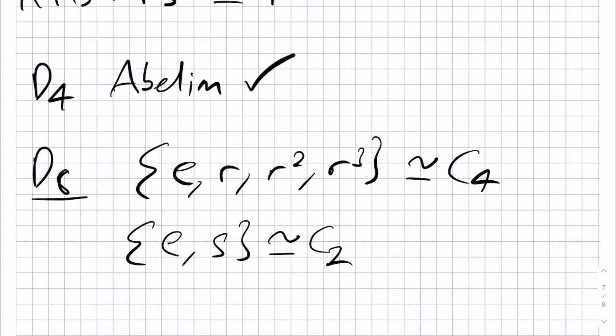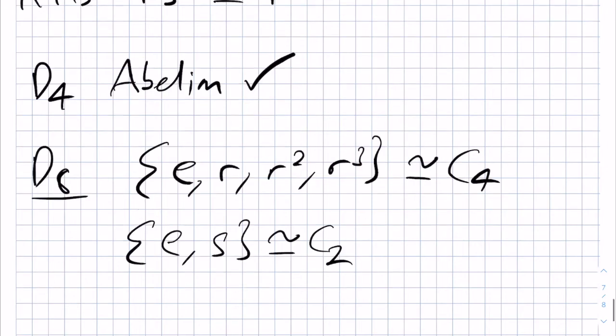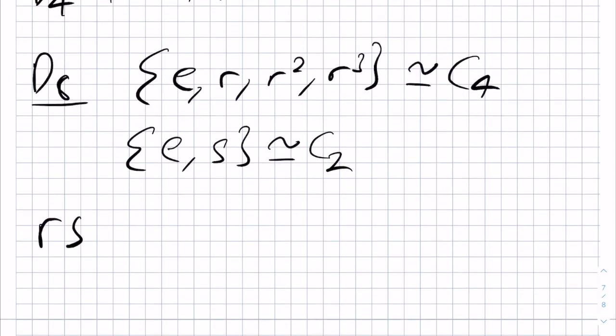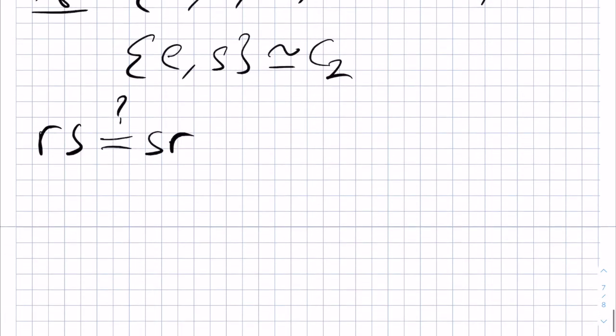And so we should combine rotations and reflections. The most basic element of this form is RS. And so we check whether RS is equal to SR.